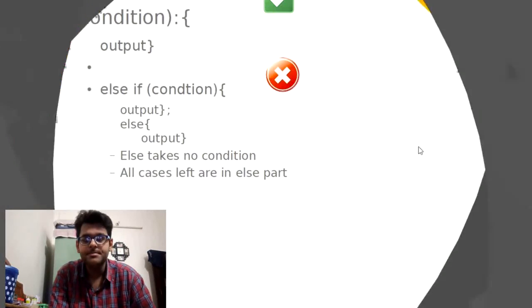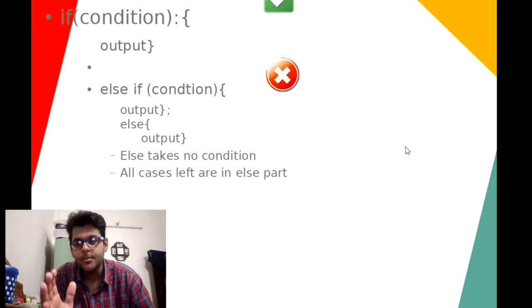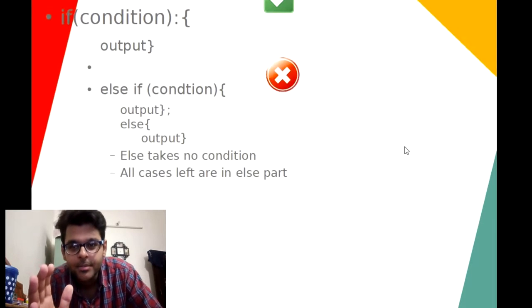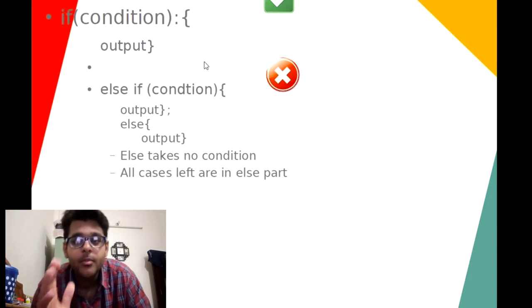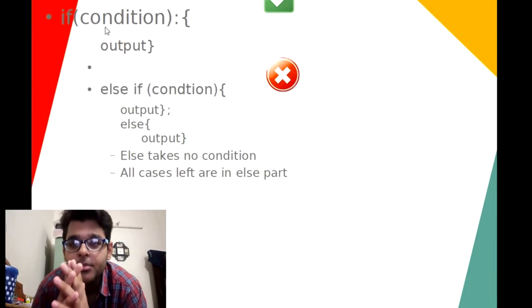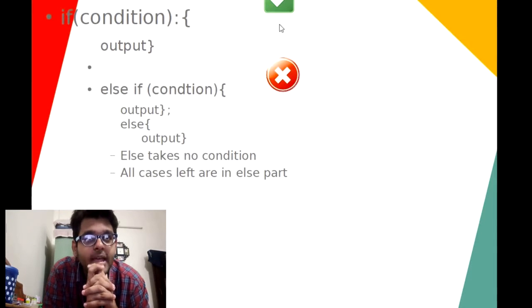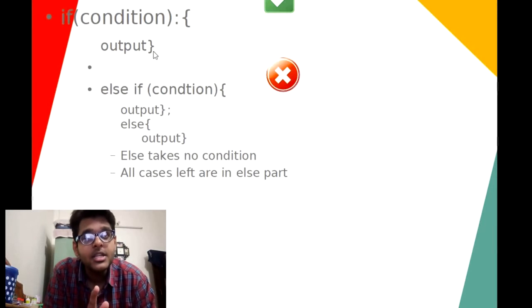Okay. So first, understand the concept of if, else, and else if statements, how they are actually working in our JavaScript. We're gonna check conditions in if, else, and else if statements, and if the condition is true, then we're gonna use that condition to get our output.